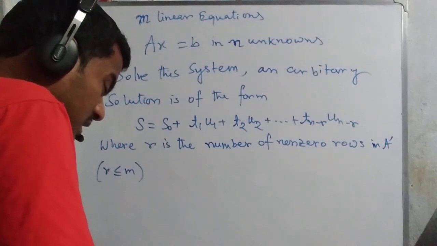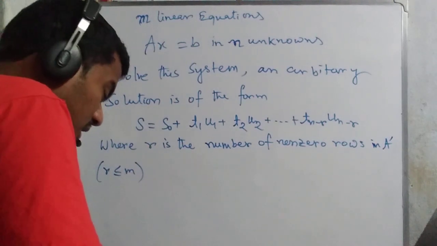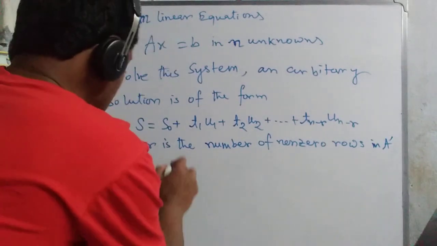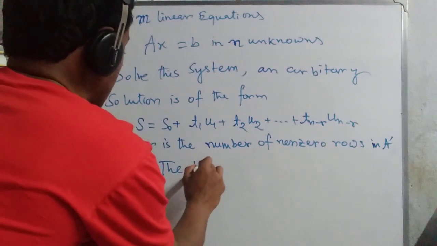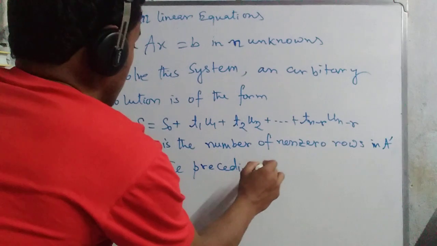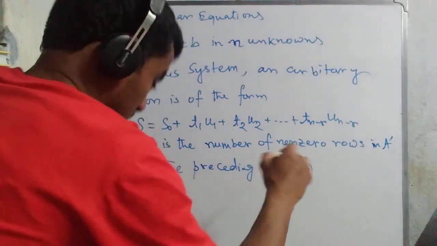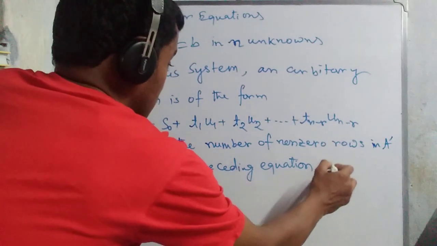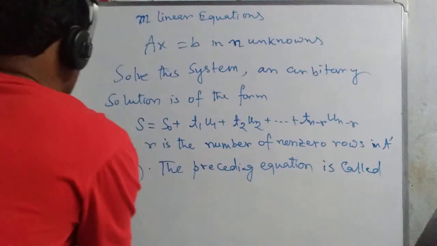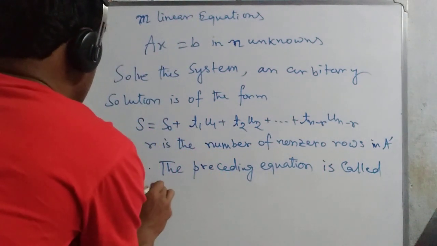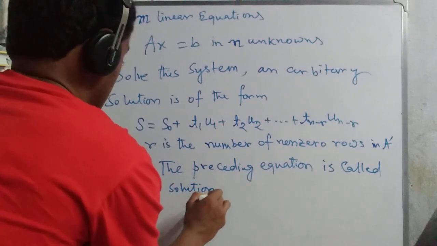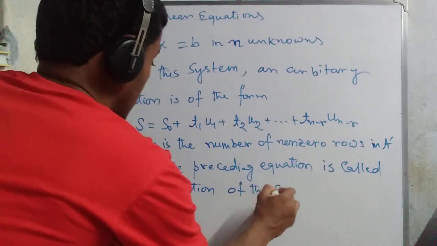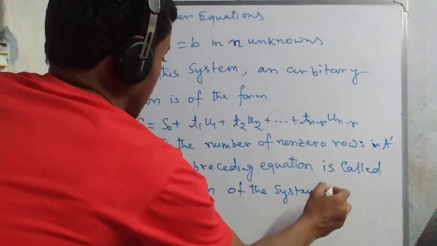And then the preceding equation is called a general solution of the system Ax = b.